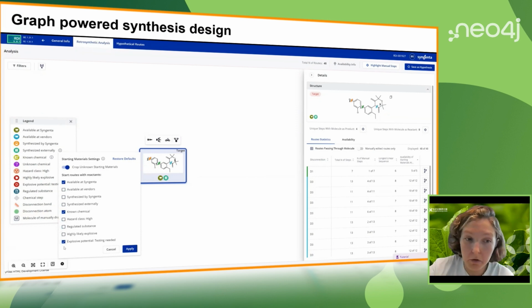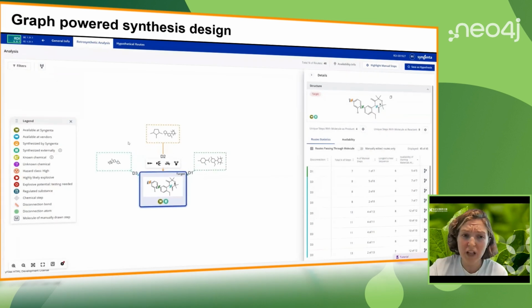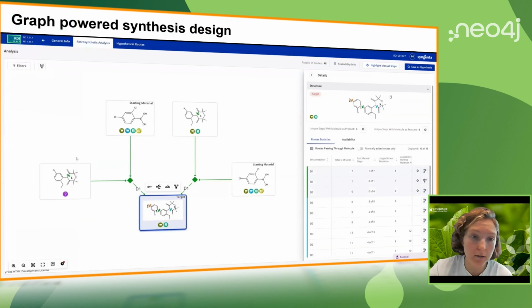Or that, for example, you don't want to explode anything, hopefully, so you choose the starting materials which are not explosive. We have different graph representations which help to navigate the data. For example, you can collapse it by disconnections, by the bond which is cut during the reaction. You can unfold it and see what's inside.